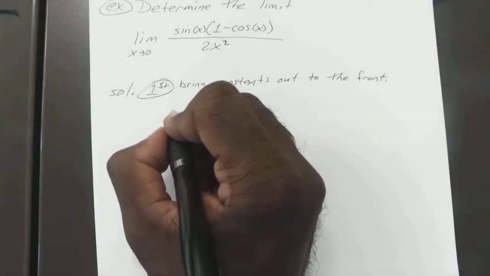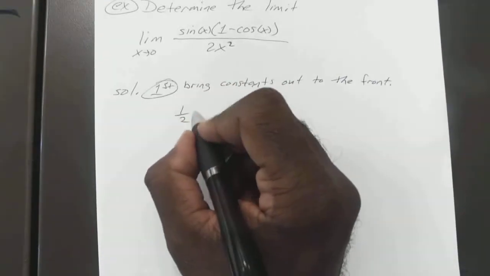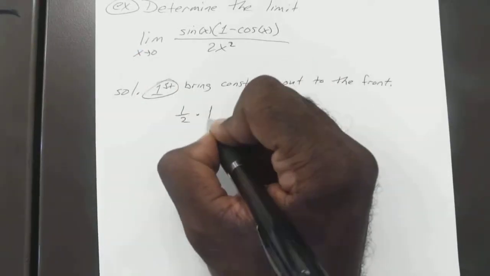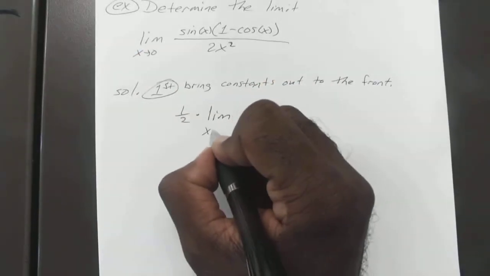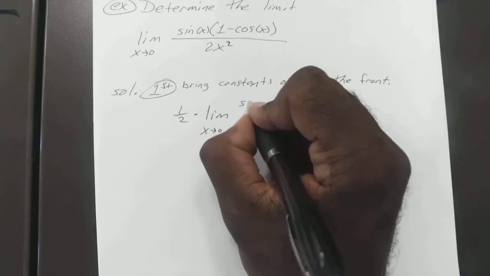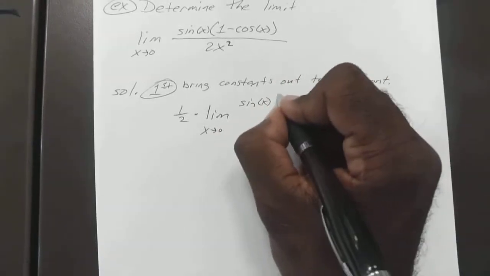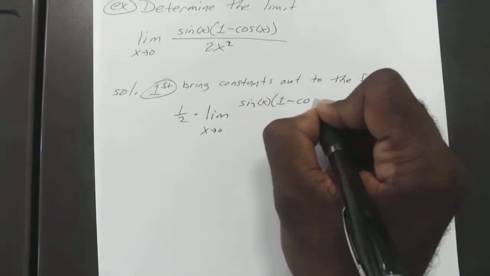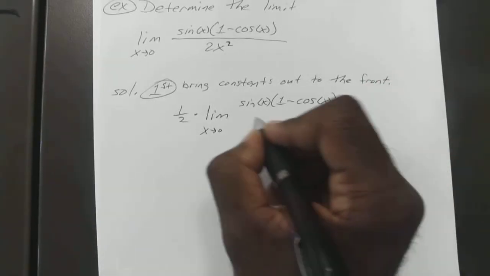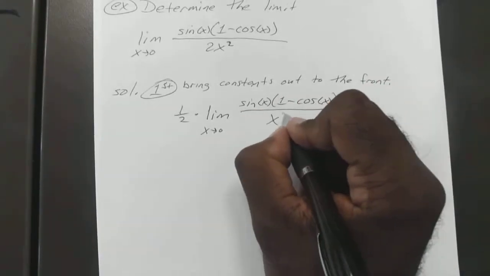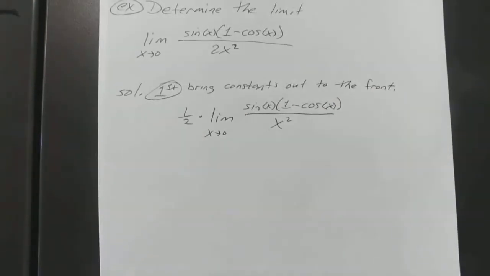Okay, so we have our 1/2 times the limit as x approaches 0 of sine of x times 1 minus cosine of x, all over x squared. So all we did was get rid of the 2 down there.